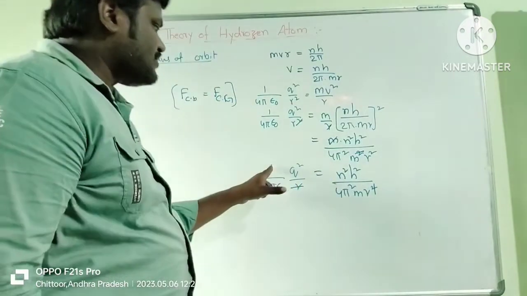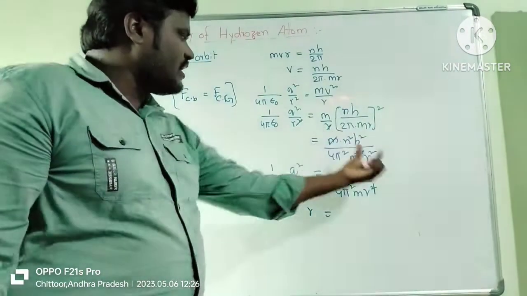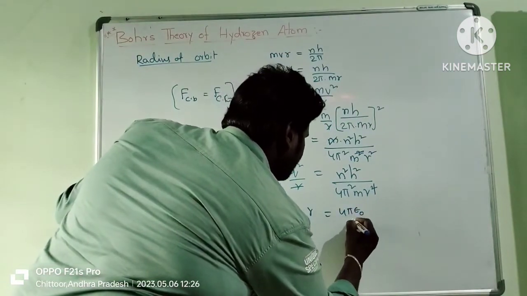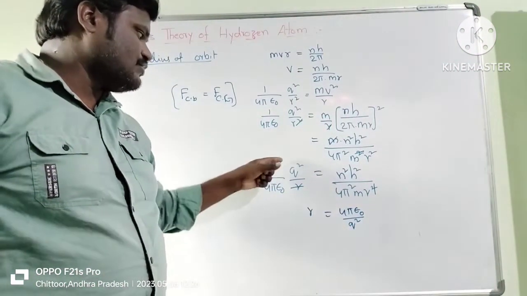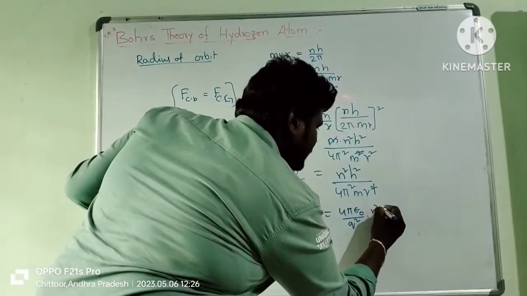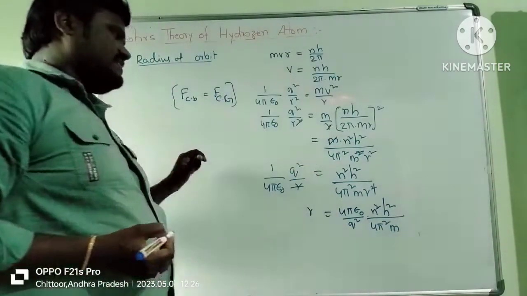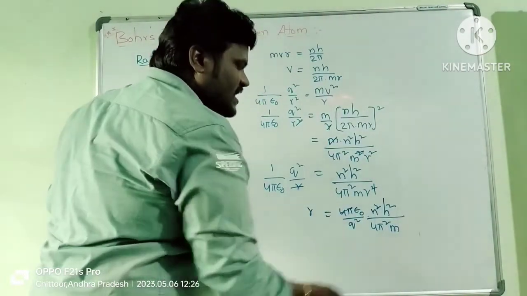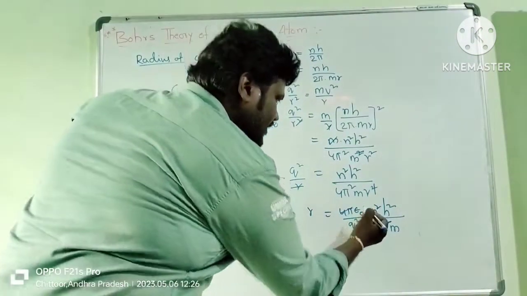Now I am going to send this r to the LHS, and the total LHS term goes to the RHS. So r becomes 4 pi epsilon naught by q square, times the remaining term n square h square by 4 pi square m. Here 4 pi and 4 pi cancel, still one pi is there, and epsilon naught.